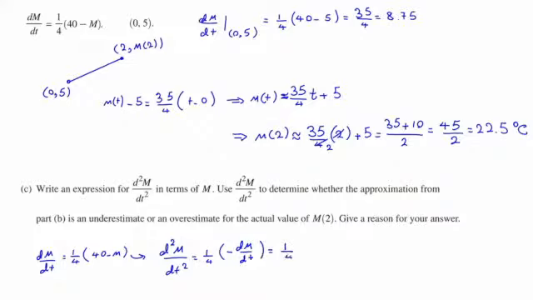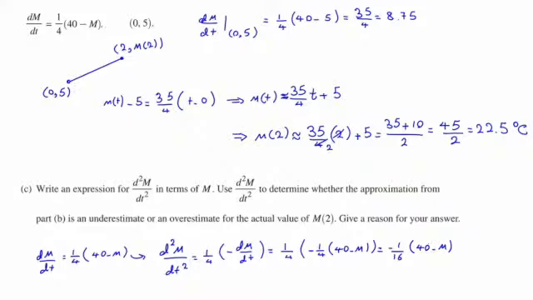Again, we can use this, so it will be negative 1/4 of 40 minus m. And it will be negative 1 over 16 times 40 minus m.